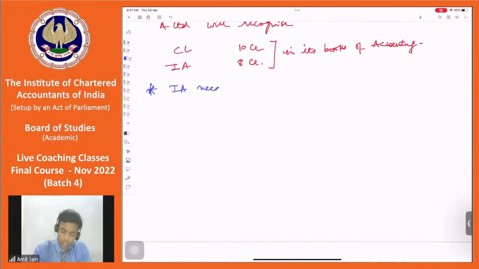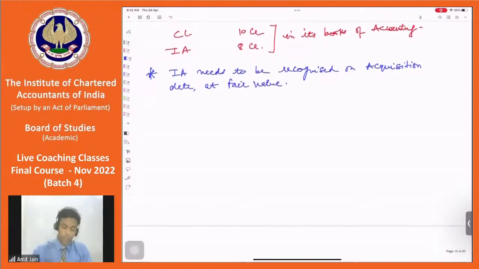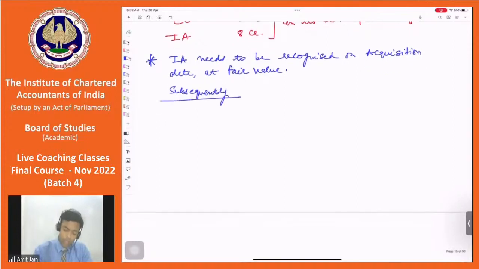Indemnification assets need to be recognized on acquisition date at fair value. Right? Subsequently, what will happen subsequently? Subsequent accounting.